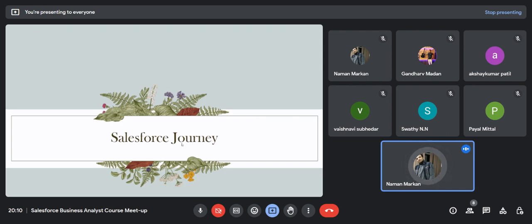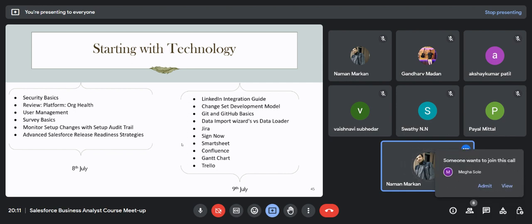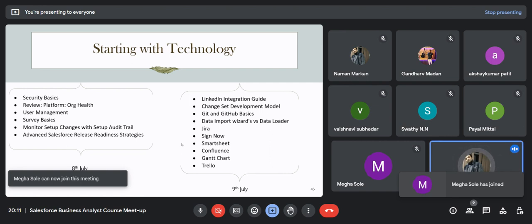Then, in our Salesforce journey, we also looked into some technical tools, where we talked about Jira, SignNow, Smartsheet, Confluence, Gantt chart, and Trello. These are the tools which help a project manager or a business analyst monitor a particular project or product development.